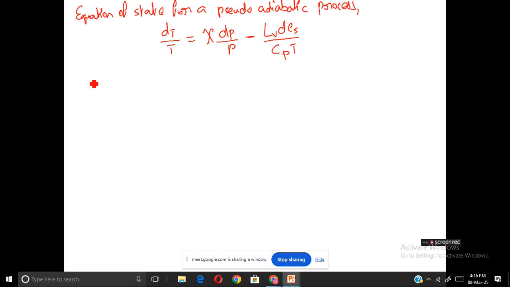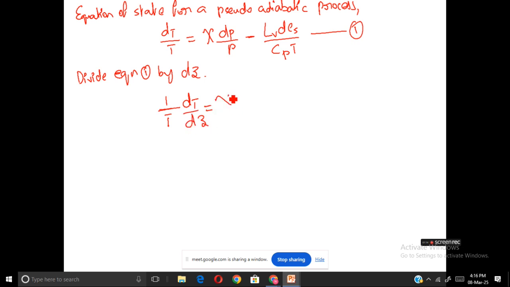If we divide this equation, equation 1, by dz, it becomes 1 by T into dT by dz is equal to chi by p into dp by dz minus Lv by Cp T into des by dz. So we divided the whole equation by dz.